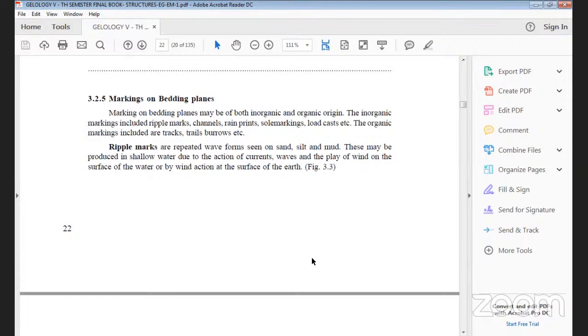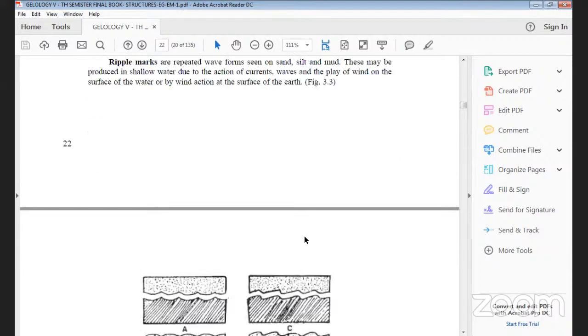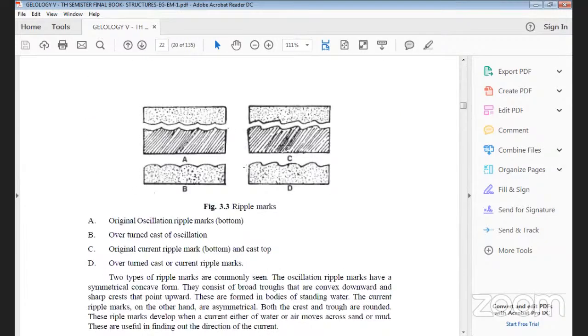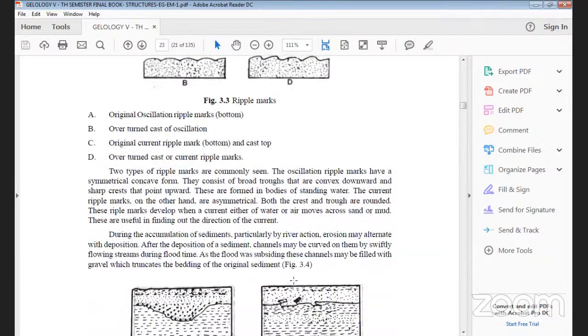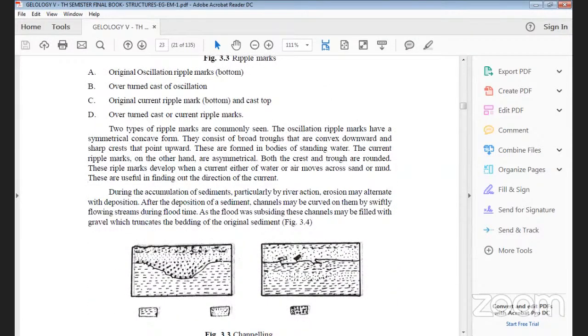It takes action on the surface of the water, so that we may get sometimes oscillation ripple marks and the overturn of cross oscillations and original current ripple marks. Actually, we can see two types of ripple marks.